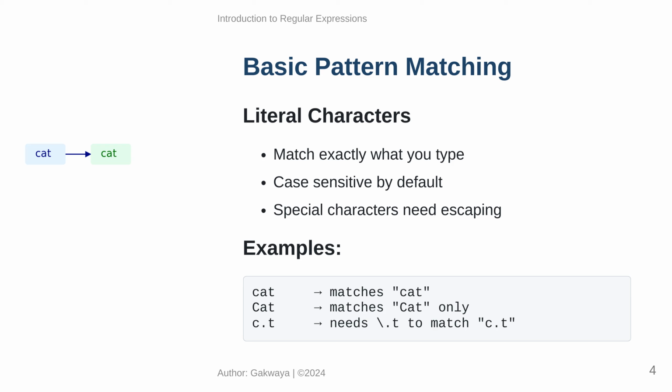It won't match Cat, because regex is case-sensitive by default, or cats, because there's an extra character. However, certain characters have special meanings in regex, which we call metacharacters. If you want to match these special characters literally, you need to escape them with a backslash. This is just like how you might need to escape characters in programming language strings.